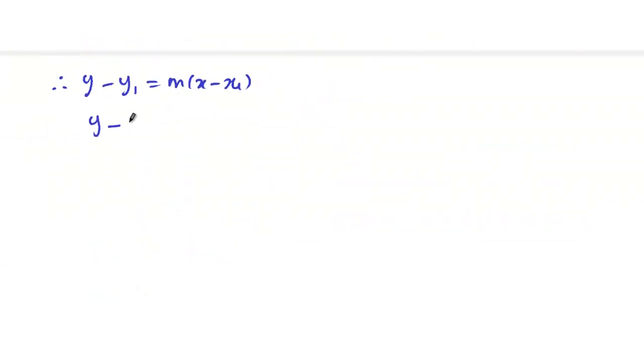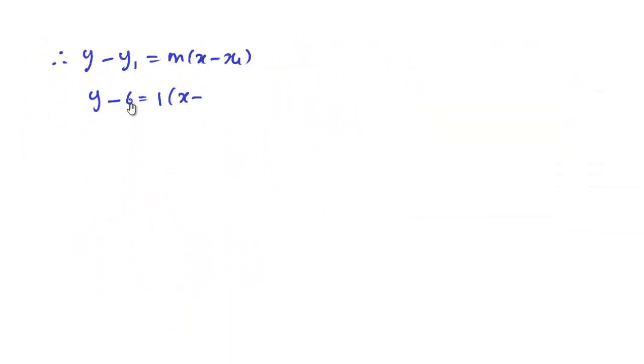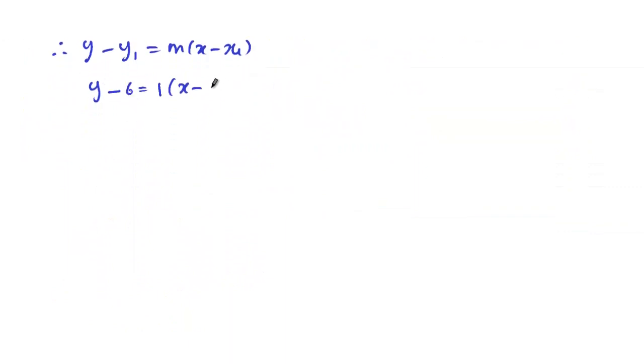So y minus 6 is equal to m, which is 1, into bracket x minus x1. Our x1 is 4. So we can say y minus 6 is equal to x minus 4, because if you use 1 to open this bracket, you still get this. So this is basically the point slope form of that linear equation.